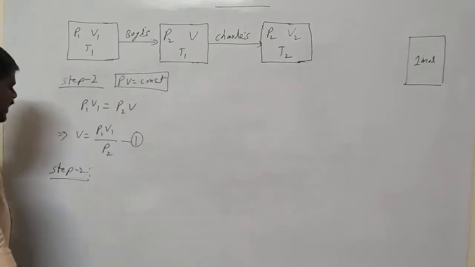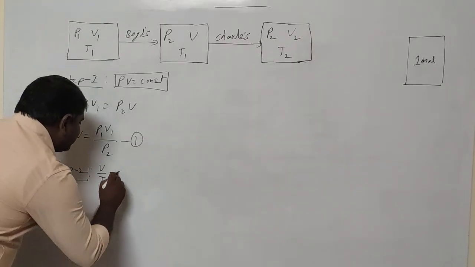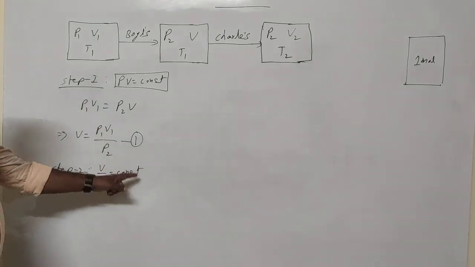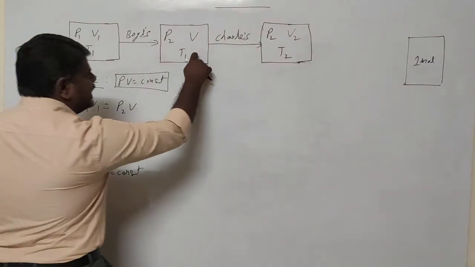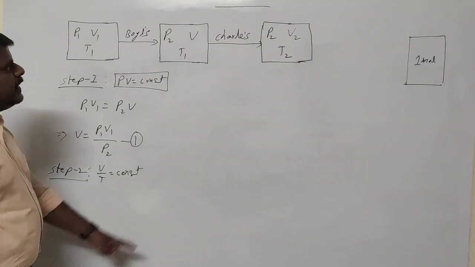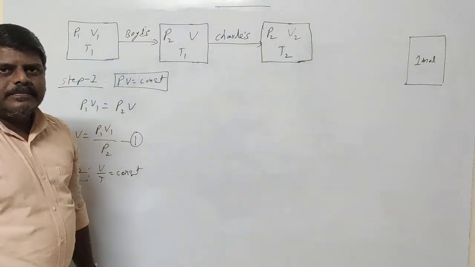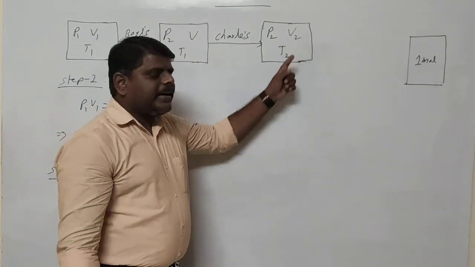If the pressure is constant in Charles law, what can you write? V by T is equal to constant. In this equation, you can write V by T1 is equal to V2 by T2.